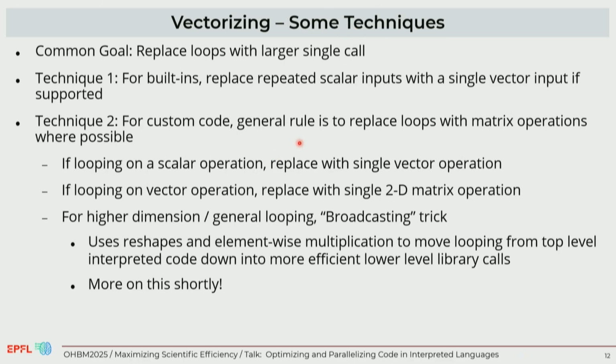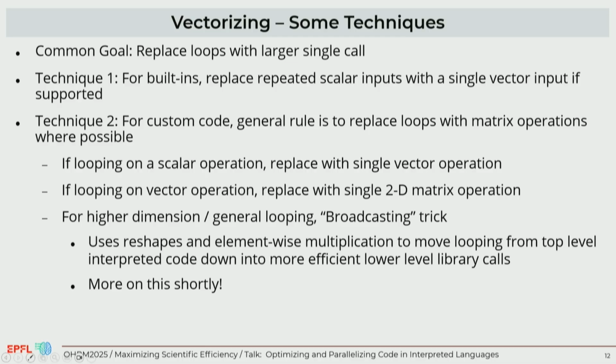For vectorizing, the easiest one for sure is to look for any place where you're calling a built-in function and see if it accepts all of your data at once, instead of calling it on little bits or one at a time. That'll save you some time.